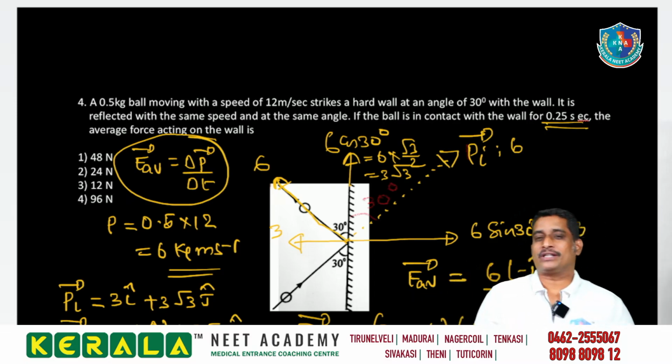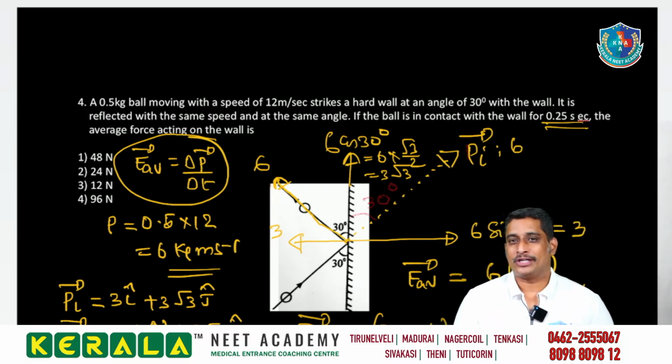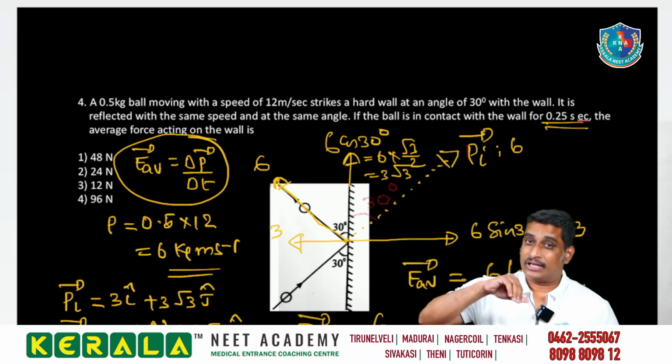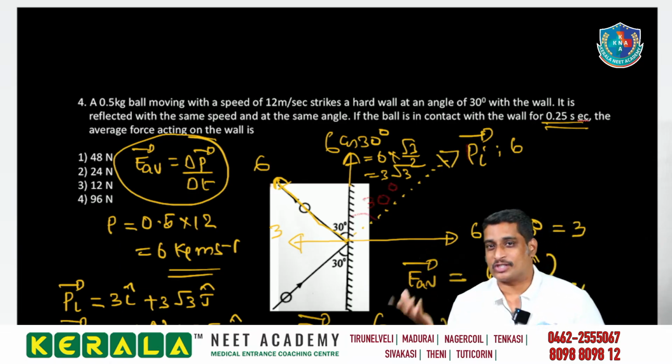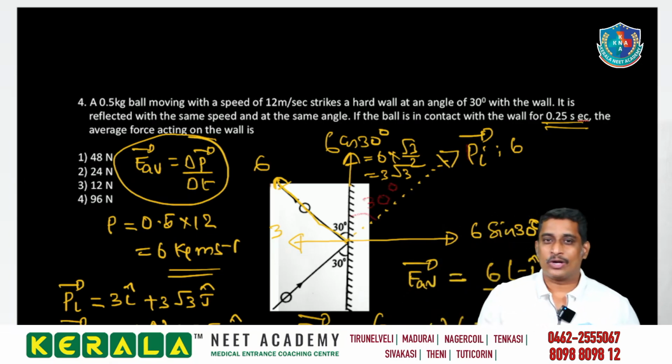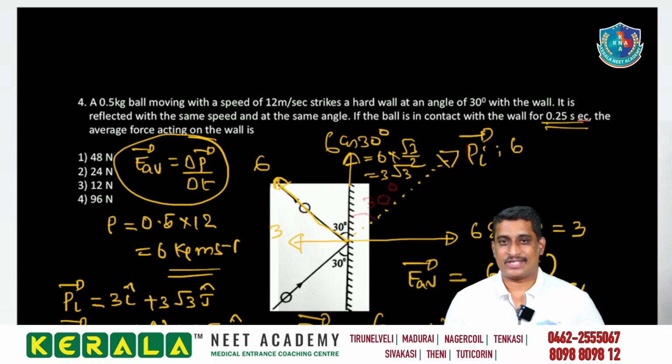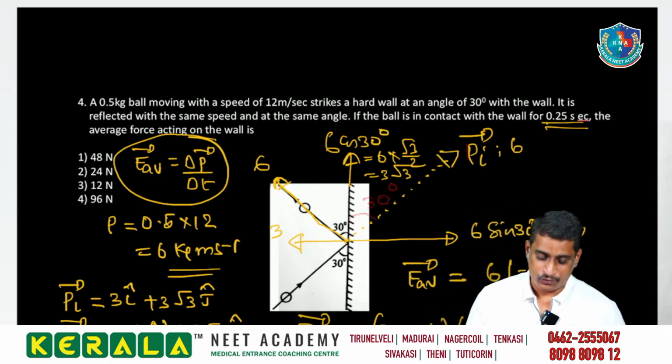And the magnitude of that average force will be equal to 24 newtons. In the same way, we can say that the particle will exert force over the wall along positive x-axis. That value also will be equal to 24 newtons. Action and reaction forces. This is the question based on the average force. Let us see the next question.